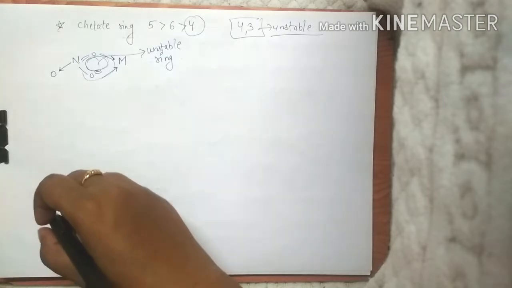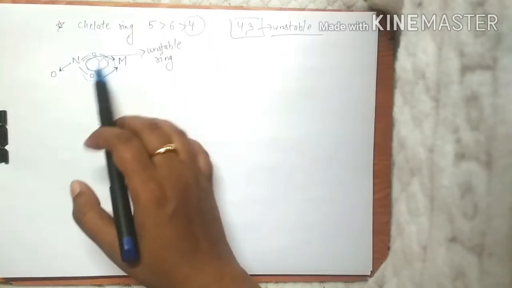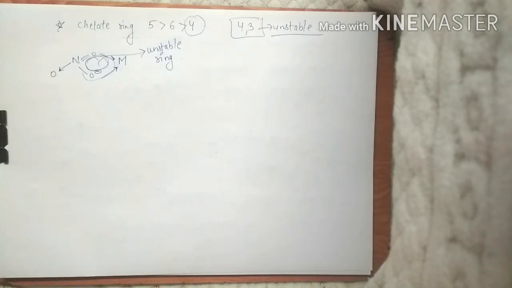It is an unstable ring. So formation of 4-membered rings is very conditional. That is, there are certain conditions, and only in those conditions are these types of rings, 4 or 3-membered rings, going to be formed, otherwise not, because these types of rings are very unstable.